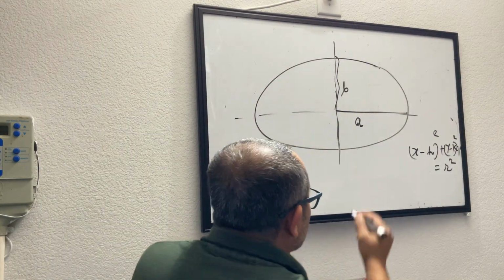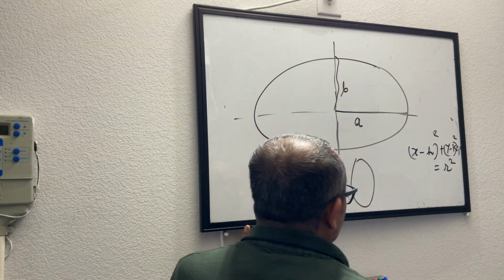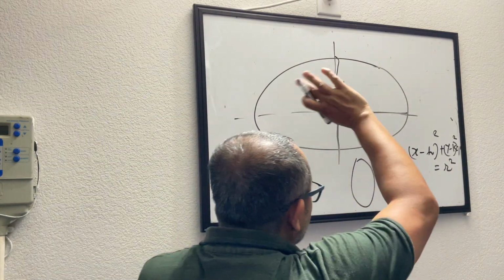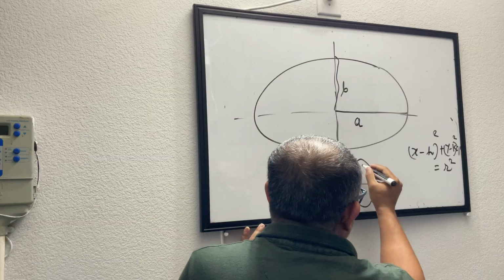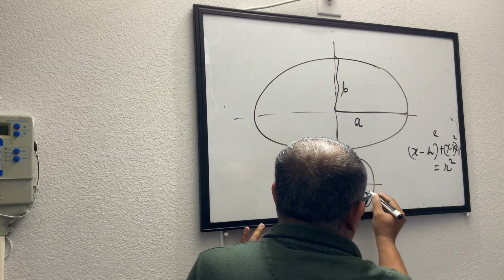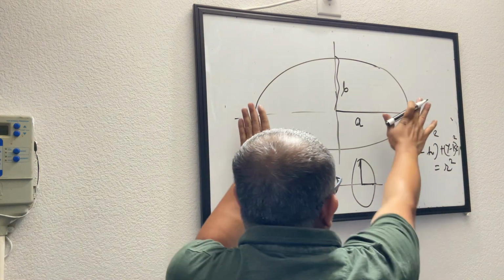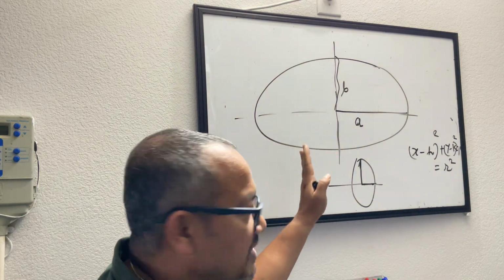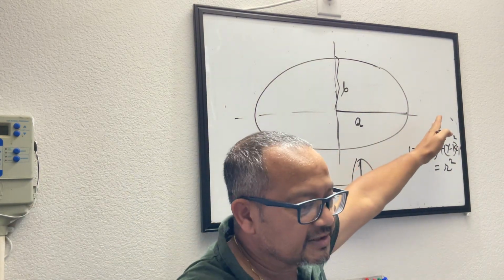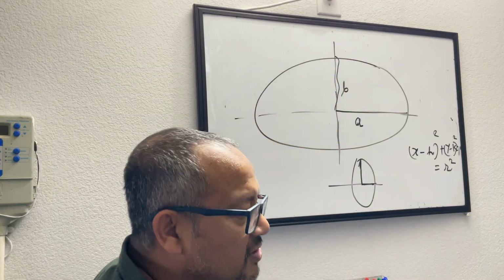And it doesn't necessarily have to be like this. My ellipse can be rotated by a 90-degree angle also, where the major radius is along the y-axis and the minor radius is along the x-axis. But here, in the simplest form that you see, your major radius is along the x-axis and minor radius is along the y-axis.